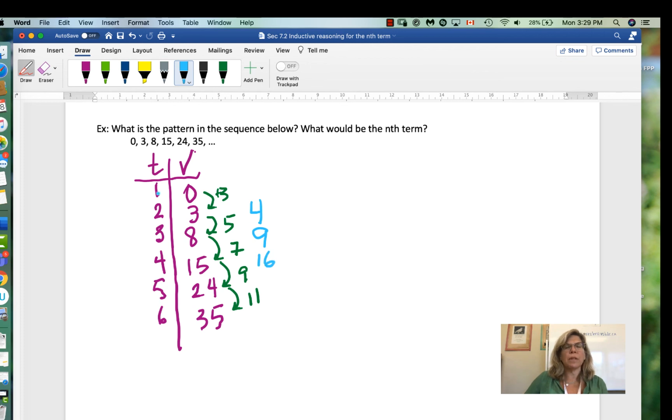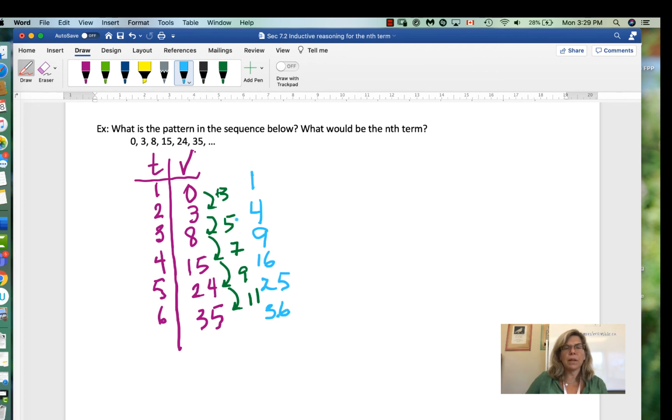Sometimes I start with not the 1, because I want to figure out the pattern first, and then I go back and make sure the 1 fits in nicely. But look at this. Now we have 5 squared is 25, 6 squared is 36, and 1 squared is 1.